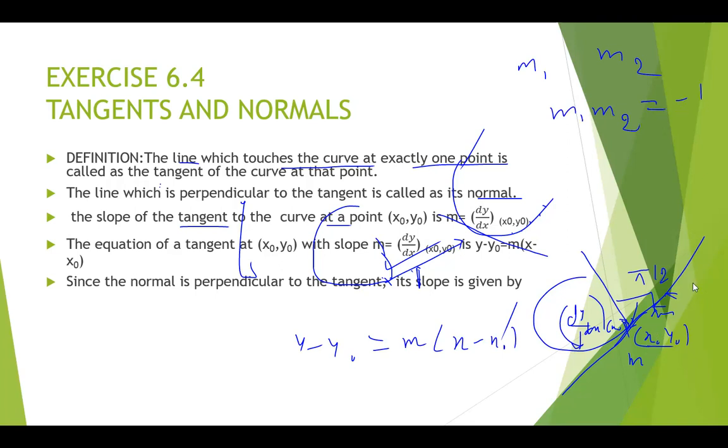Likewise, if I know the slope of the tangent as m, since m times the slope of the normal is equal to -1, the slope of the normal will be -1 upon m. If I call the slope of the normal m2, then m2 is -1 upon m1. Thus it is -1 upon m.